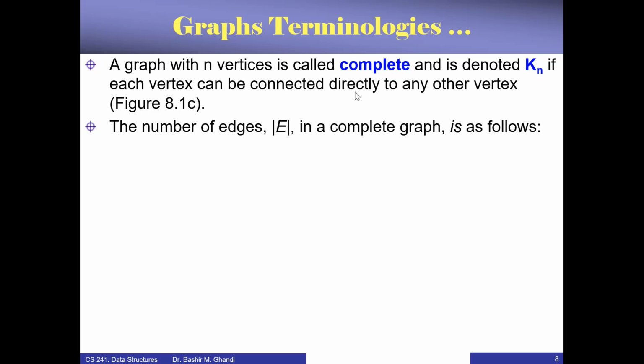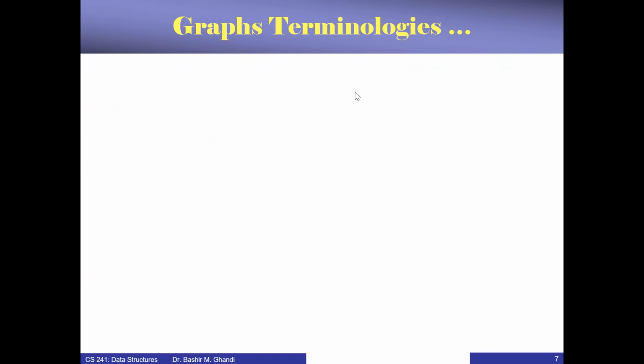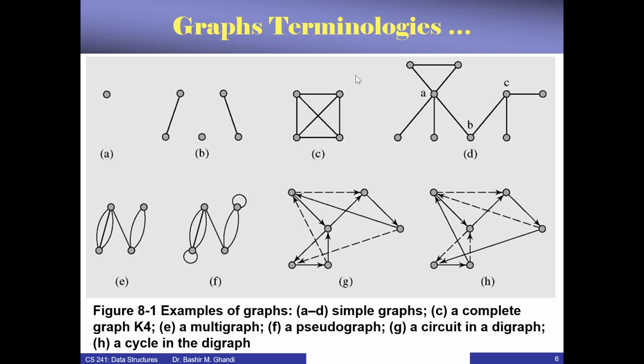Okay. There's an example of this actually in the figure. Let me show you. This graph number C is actually a complete graph. From any vertex like this one, we can reach this, and that directly. Similarly, from here, we can reach that, and that.